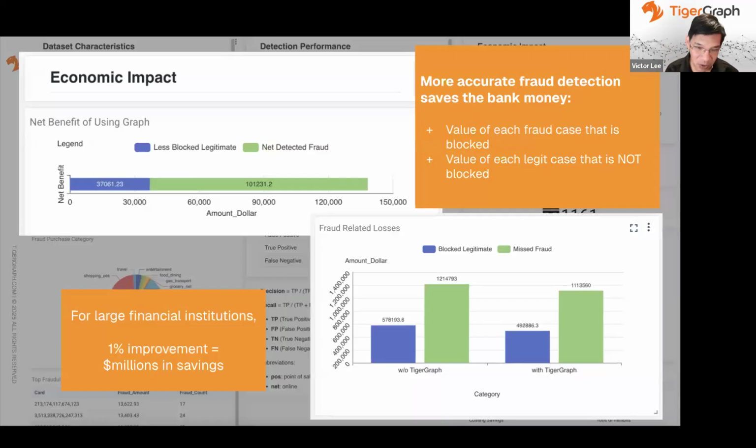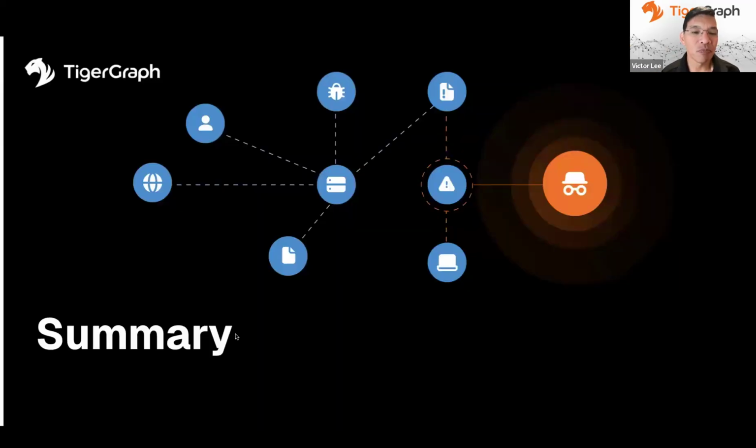So if you're saving 20%, that's again tens of millions of dollars of savings. So machine learning can be a game of incremental improvement. As I said, 1% improvement is worth millions of dollars for a larger institution.